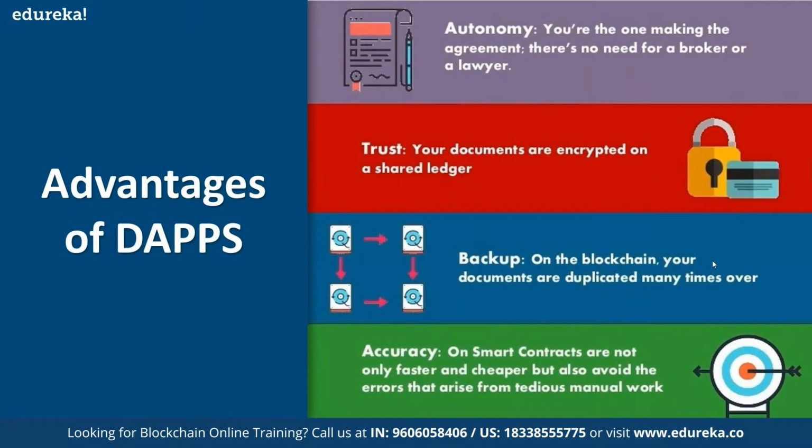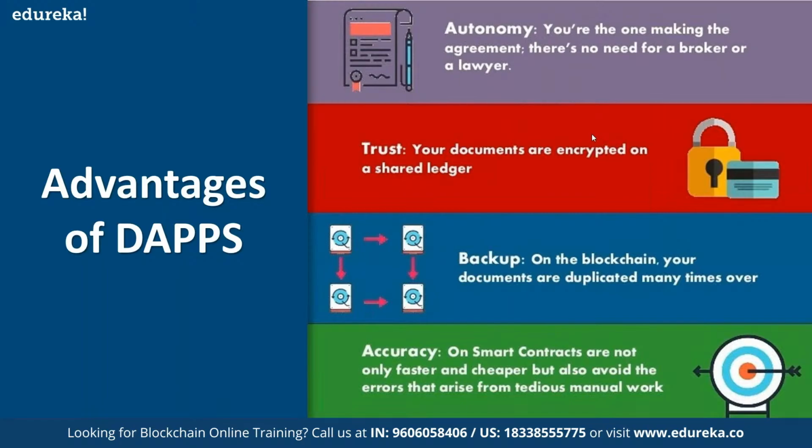One of the main advantages of using a decentralized application, or dApp, is that it is open source. Another advantage is decentralized consensus, and there is no central point of failure. These are some of the main features of a dApp. Then there is autonomy: you're the one making the agreement, and there's no need for a broker or a lawyer.